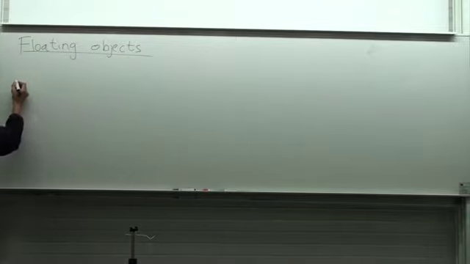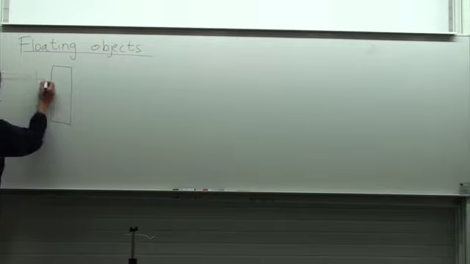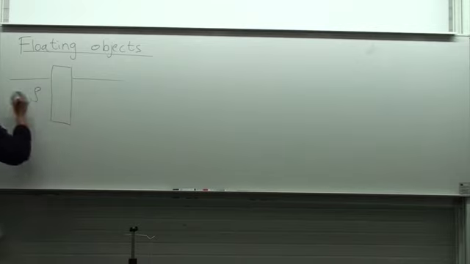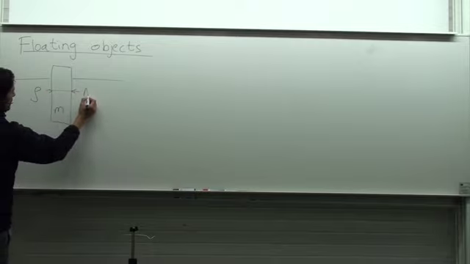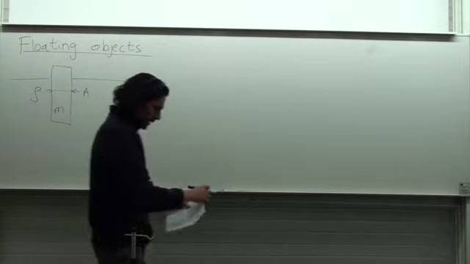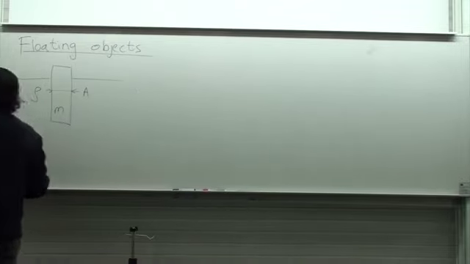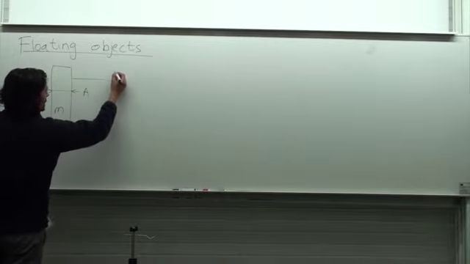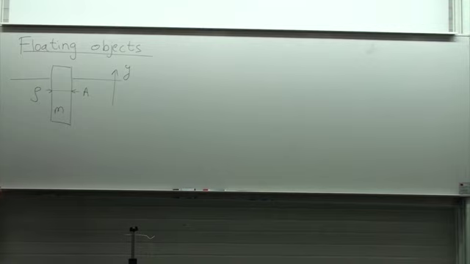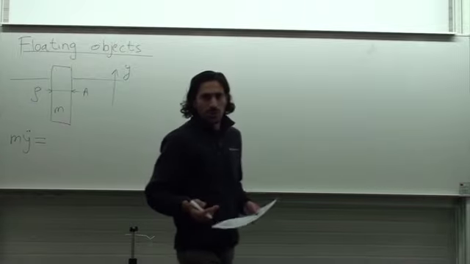So we have an object. This object is floating in the water. We know the density, we know the mass, we know the cross section. Newton's second law, F equals ma. If we consider this to be the y direction, then m y double dot has to be equal to the buoyant force.